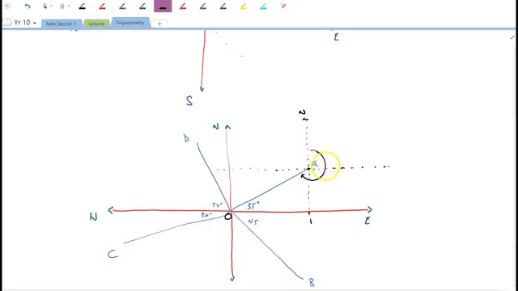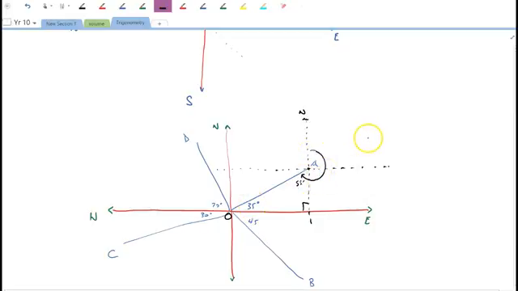So what have I got? I've got 90, I've got 180. I just need this little angle in here, don't I? This is a right angle. So now I'm going to use my knowledge of trigonometry and the sum of the angles of a triangle, giving me 180, 90 there, so 35. This one in here must be 55. 55 and 35 is 90. So I've got 180 plus 55.